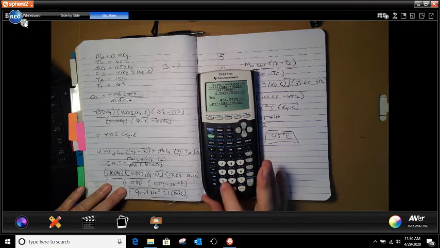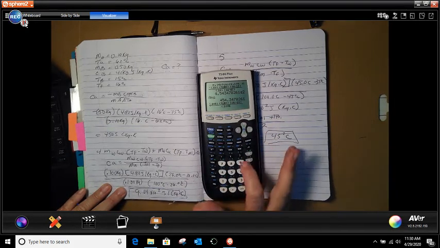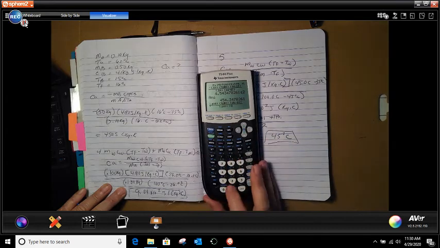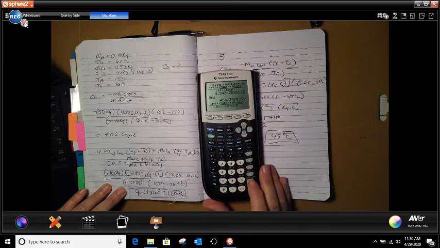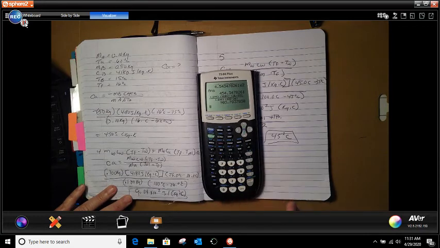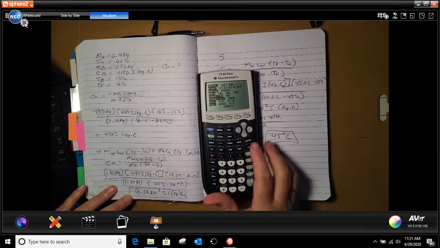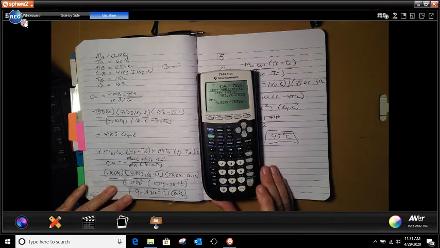We're going to do open bracket, 0.100, close bracket, open bracket, 100 minus 26, close bracket, and then go over and enter. And we get 903, which was a perfect answer. Or you can go to the mode, hit enter, second answer, and then I got 9.03 times 10 to the second power.